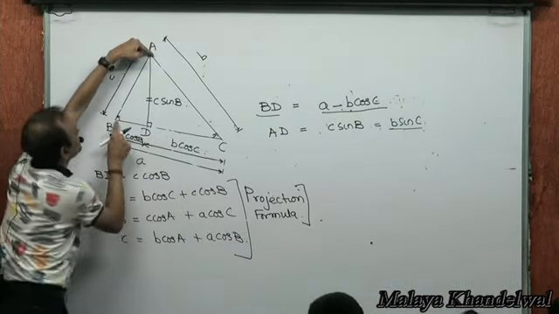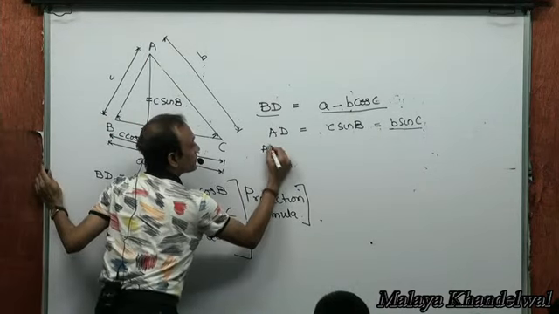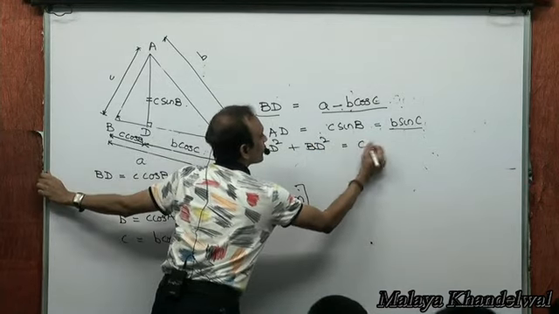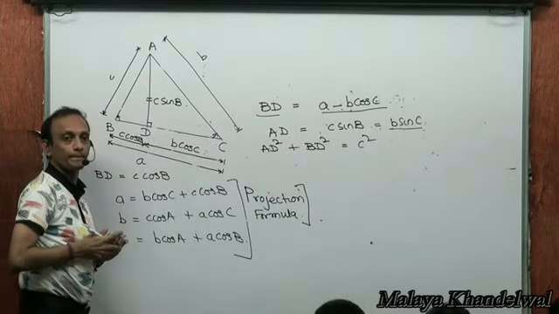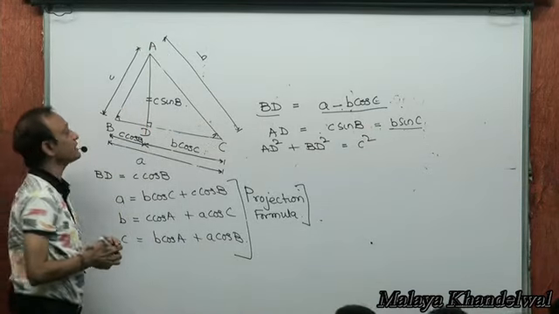AD squared plus BD squared is c squared, yes or no? Pythagoras theorem.